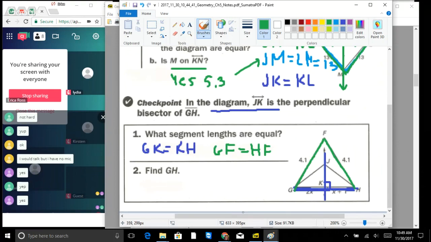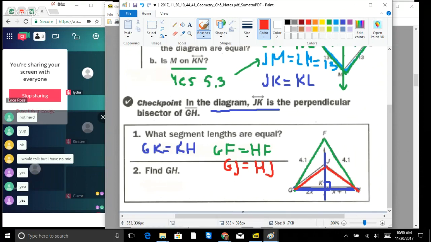And because of the perpendicular bisector theorem, we know that GJ is equal to HJ. Okay.